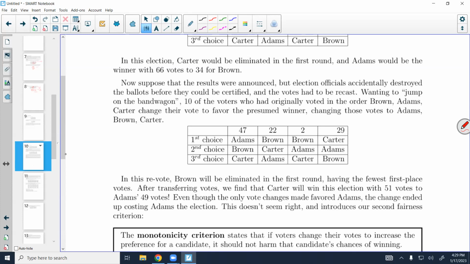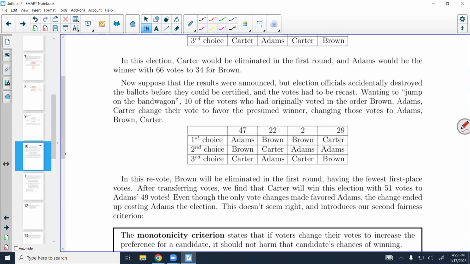After transferring votes, we find that Carter will win this election with 51 votes to Adams' 49 votes. Even though the only vote changes made favored Adams, the change ended up costing Adams the election. Doesn't seem right. That is bizarre, isn't it? You win, and then 10 people that didn't vote for you vote for you, and then you lose.